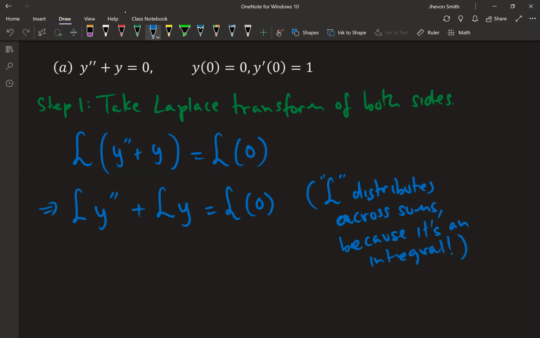Basically, this means you can individually take the Laplace transform of each part.